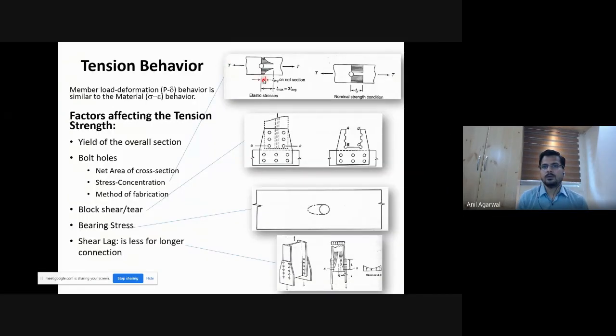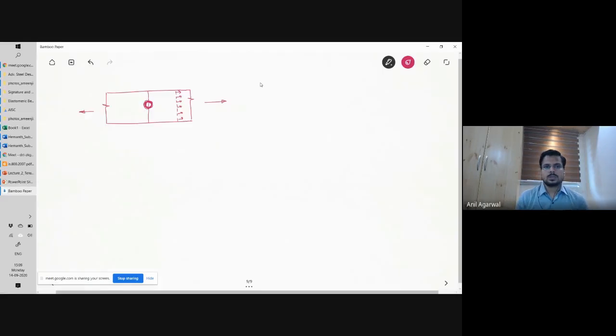If you look at this one, there is something called stress concentration under elastic state. Under this kind of state, if away from the hole the stresses are almost the same as this, of course you have to deduct for the area that is not available because of the hole.